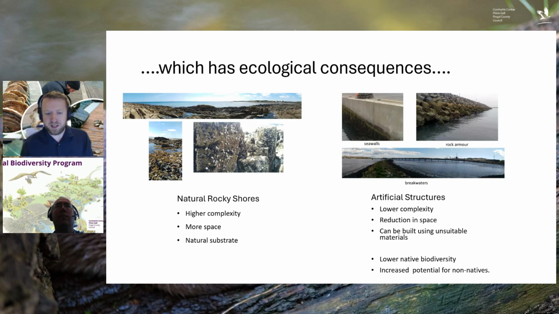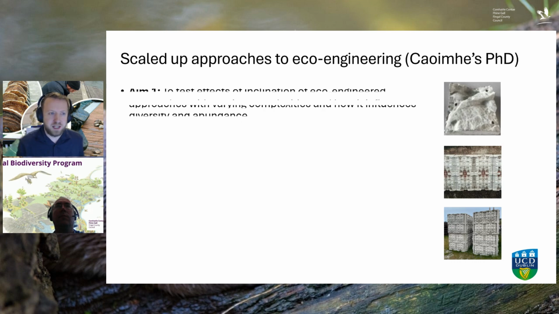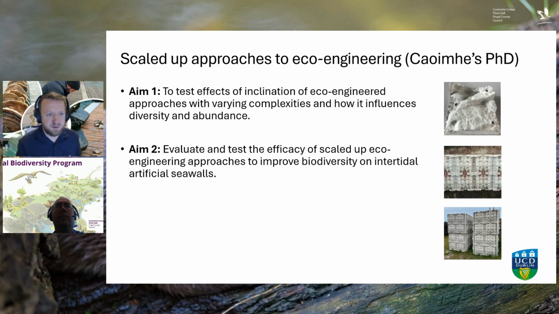So Quiva's project there, our second PhD student, is looking at some scaled up approaches to eco-engineering, using engineered solutions to reintroduce complexity to those coastline habitats, while also maintaining the function of the things that we as humans use them for.